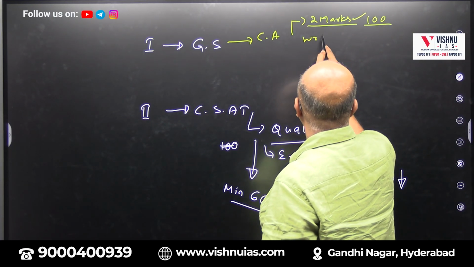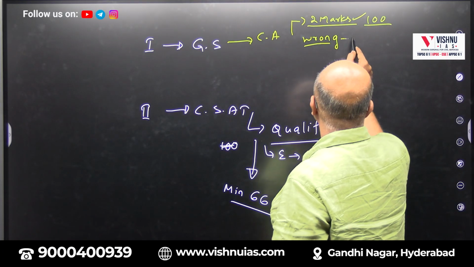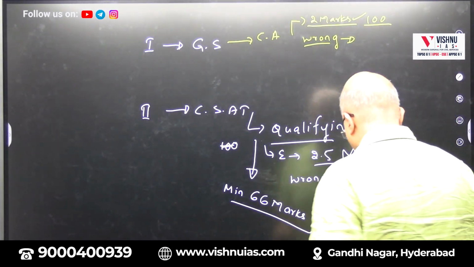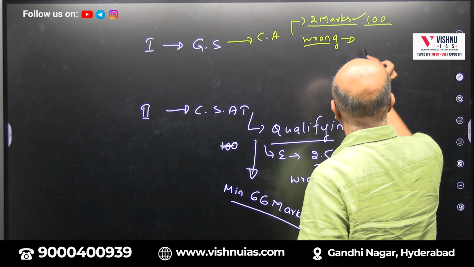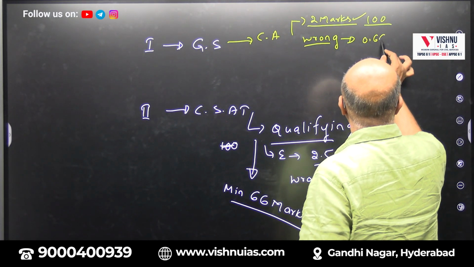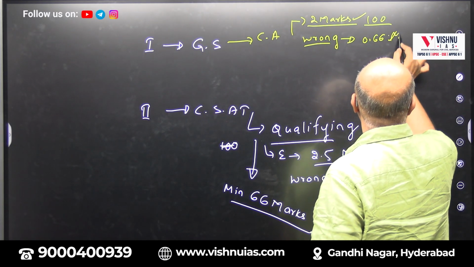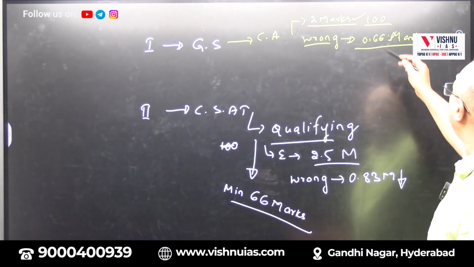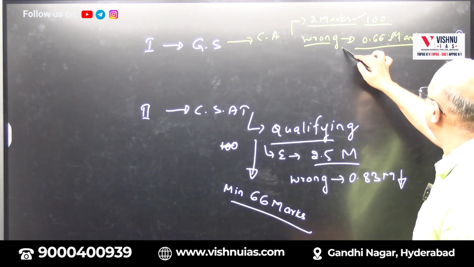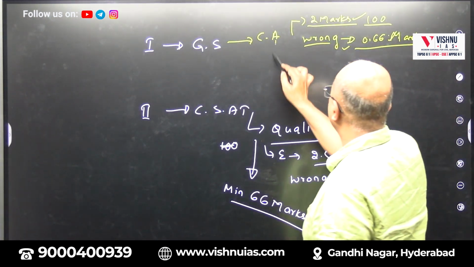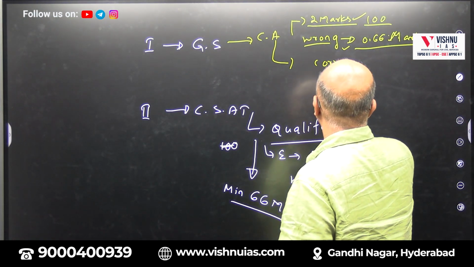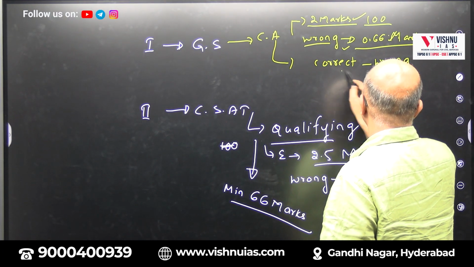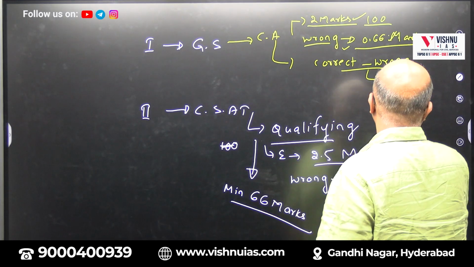And for every wrong answer, you will lose a percentage of marks, and the percentage you lose here is 33%, or say 0.66 marks. So it is all calculated on your correct answers minus wrong answers. The total of this is used to calculate your merit.